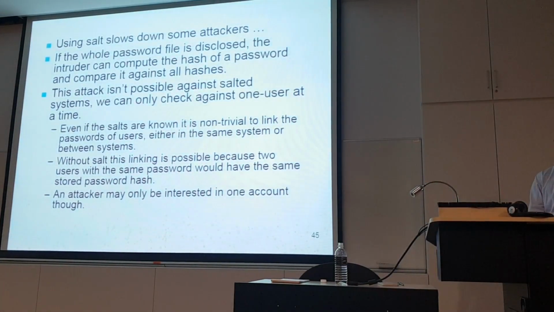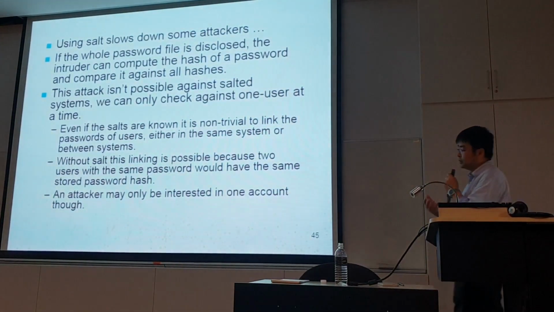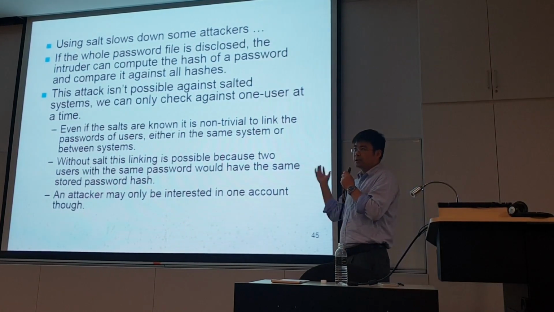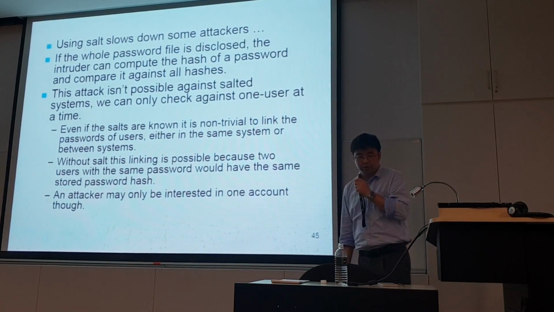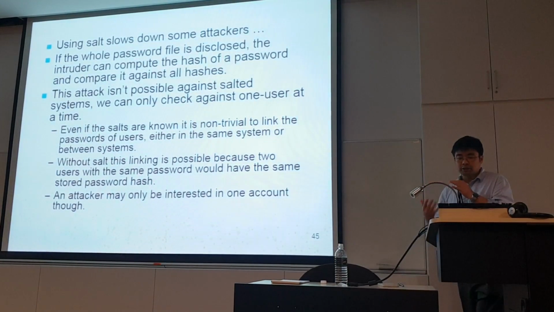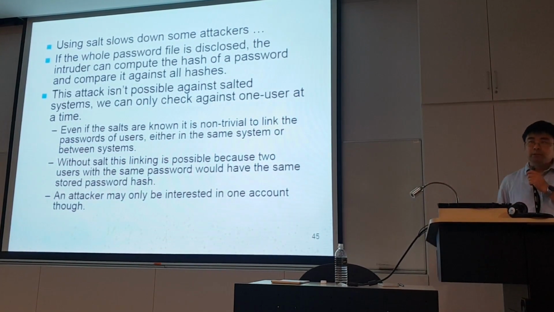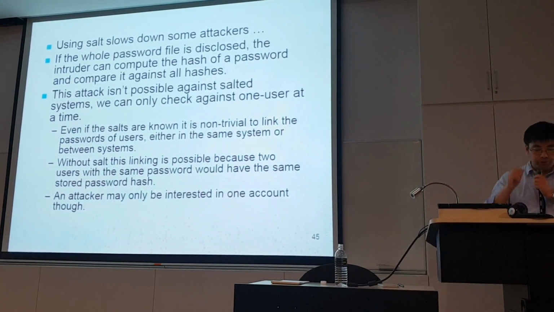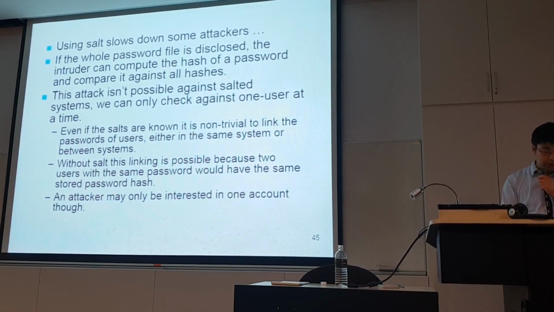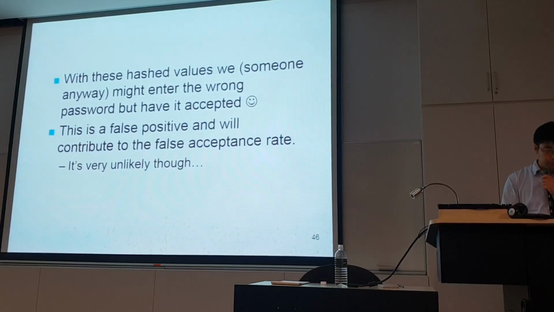In particular, the attacker cannot use one hash value to check against the whole group of users. And the attacker cannot easily tell whether two users use the same password by simply looking at the hash table. So this is a reason for using salting.